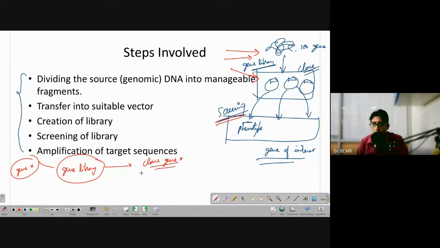In the future, I might want gene Y. Then I can use this same library again to get a clone with gene Y, right? You can use the library many different times or purposes in the future as well. So genomic library construction is, or was, and still is, a good strategy in many labs.